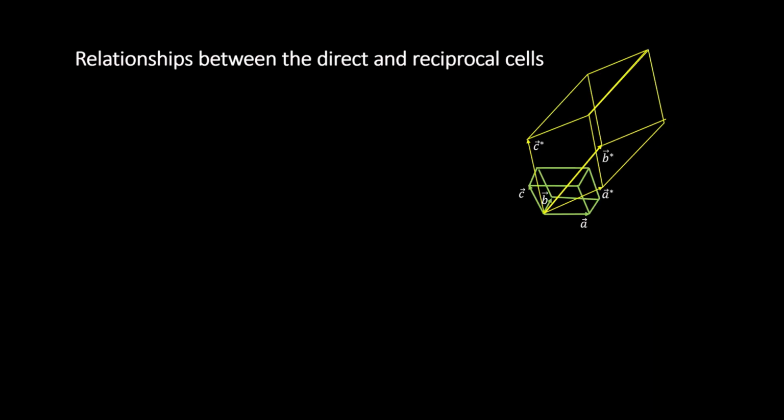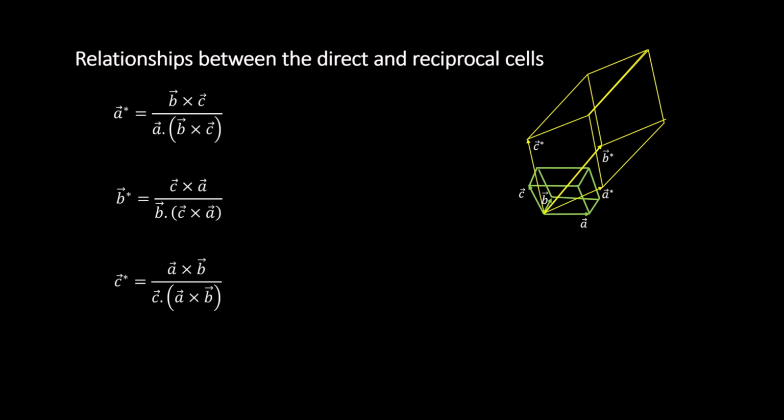From the geometric relationship between the direct and reciprocal cells, we can get the relations between direct lattice vectors and reciprocal lattice vectors. A star is perpendicular to B and C, B star is perpendicular to A and C, and C star is perpendicular to A and B. Hence, we can write the expressions for A star, B star and C star like this.